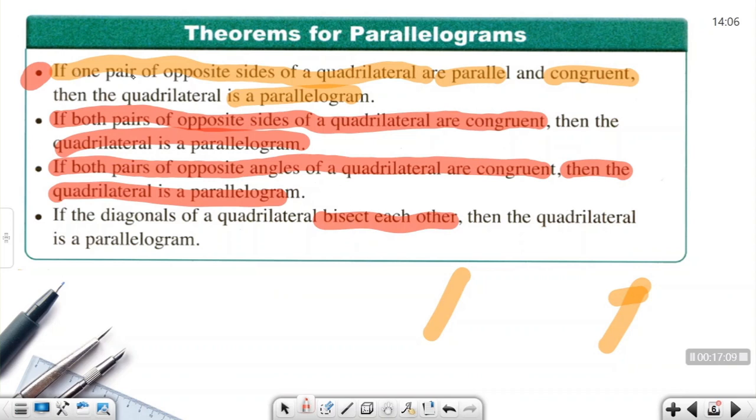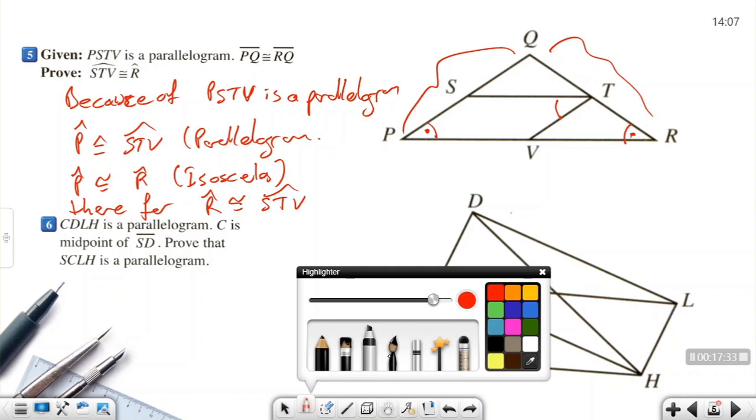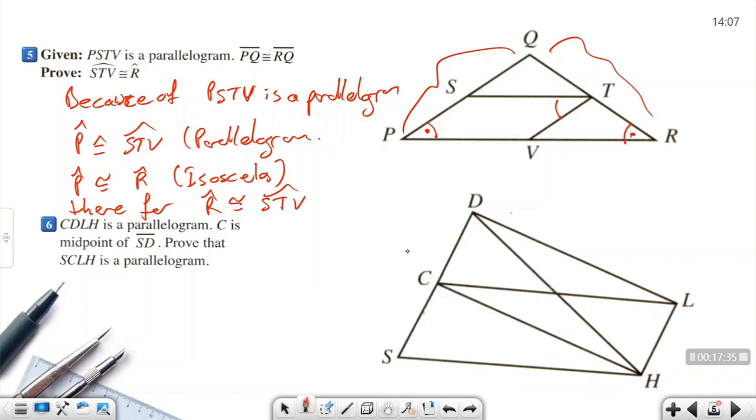So here we will use the first one to solve question 6. What is it? If one pair of opposite sides of a quadrilateral are parallel and congruent, we can call this quadrilateral a parallelogram. As you see, there's a question that will ask us whether CSLH is a parallelogram or not, because it's not given, and it says prove it.